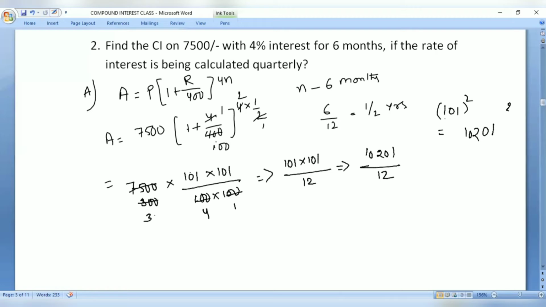Or we can also see 3 ones are 3, threes are 9, and 21 means 3 sevens, right? We have one more calculation here. So this is simplified further.